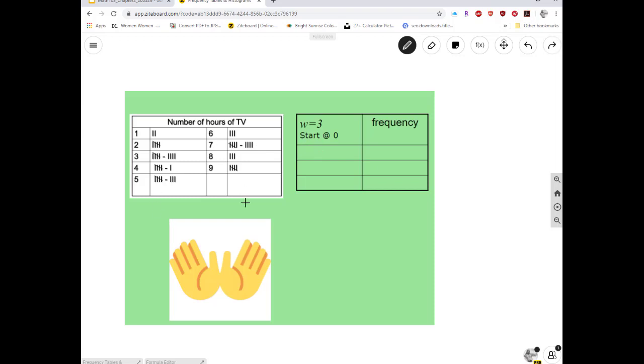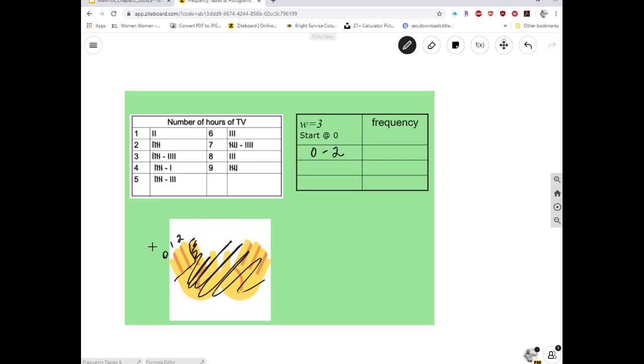So now we're going to keep our bin width of 3. So we're going to use these 3 fingers, just those 3 fingers. And we're going to start with 0. So we're going to go 0, 1, 2. The interval is 0 to 2. Okay? 0, 1, 2.